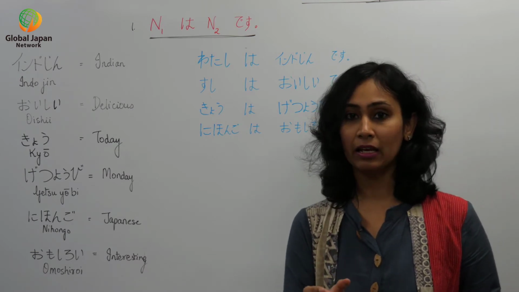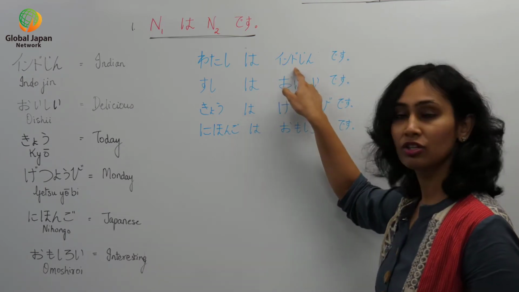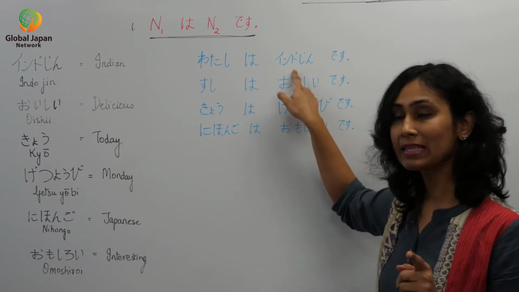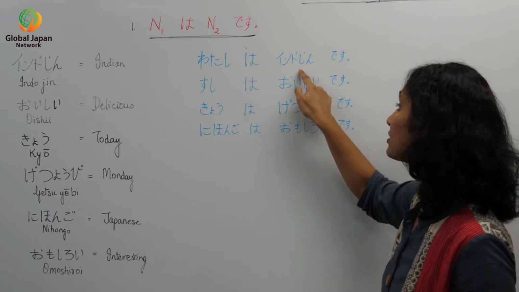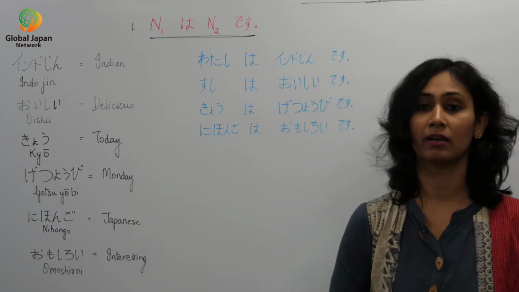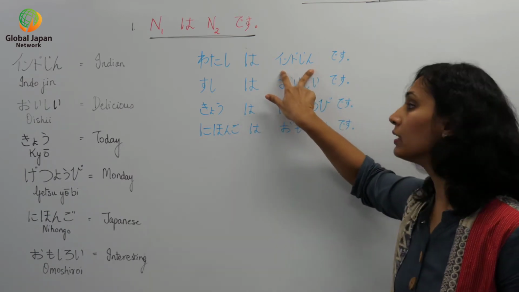So Indo, Indian, is not a Japanese word, it's a foreign word. Hence, Indo alone is written in katakana, whereas Jin is written in hiragana. And what does Indo-jin mean?